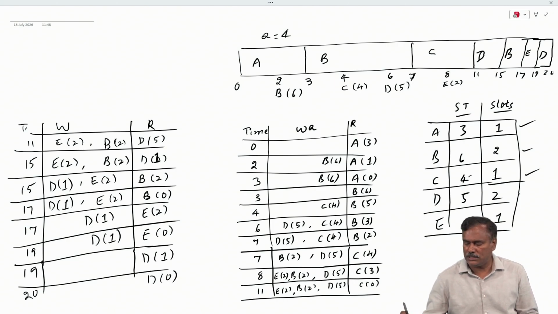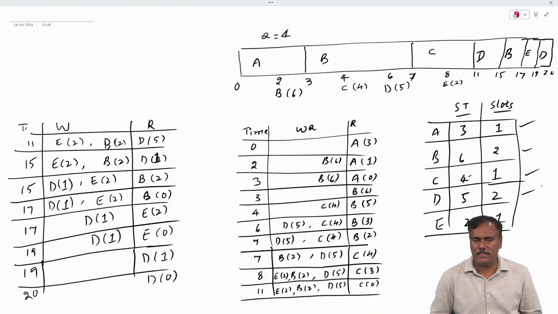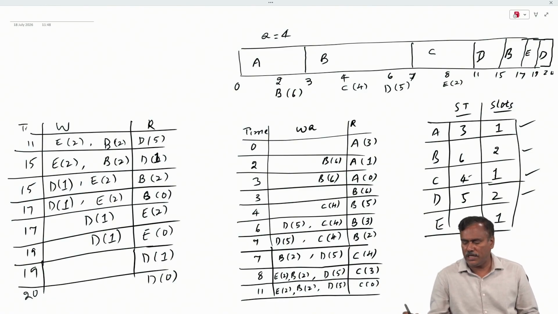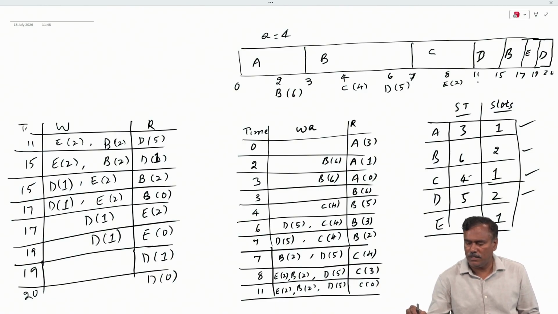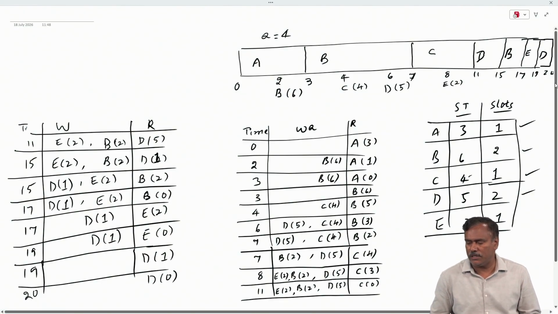And coming to this D, you know that a process can be executed for a maximum time of the given slice time. So D is going to get executed in 2 turns. In the first turn for 4 units of time from 11 to 15, and in the second turn from 19 to 20, that is 1 unit of time, that is 4 plus 1, equals 5.